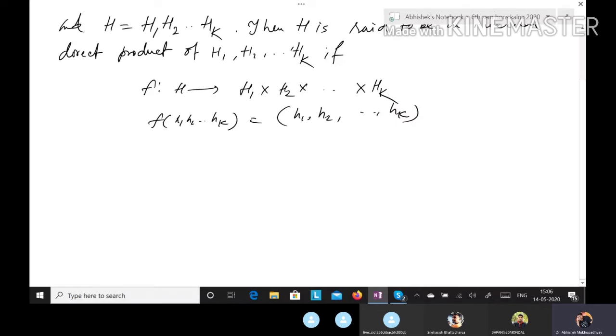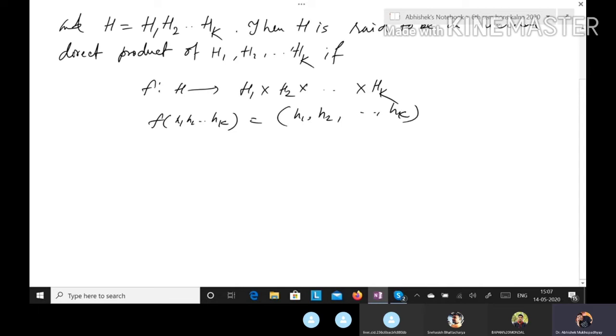That is F is an isomorphism from H to H1 cross H2 cross Hk. So that was the definition of internal direct product of k many subgroups of a group G.